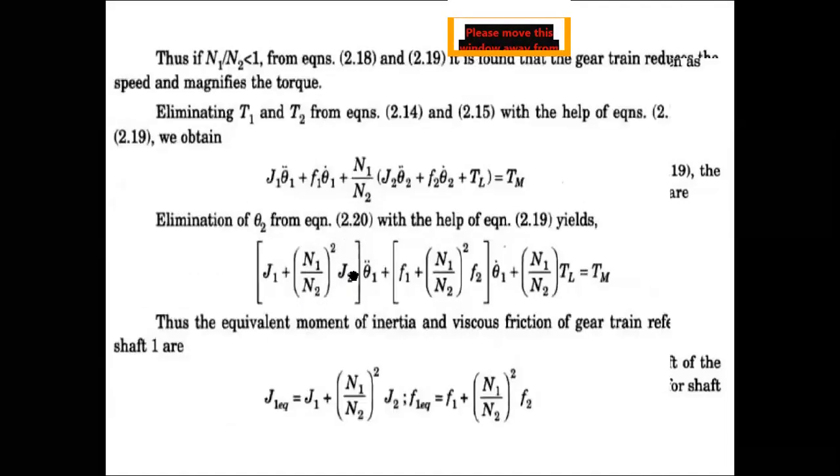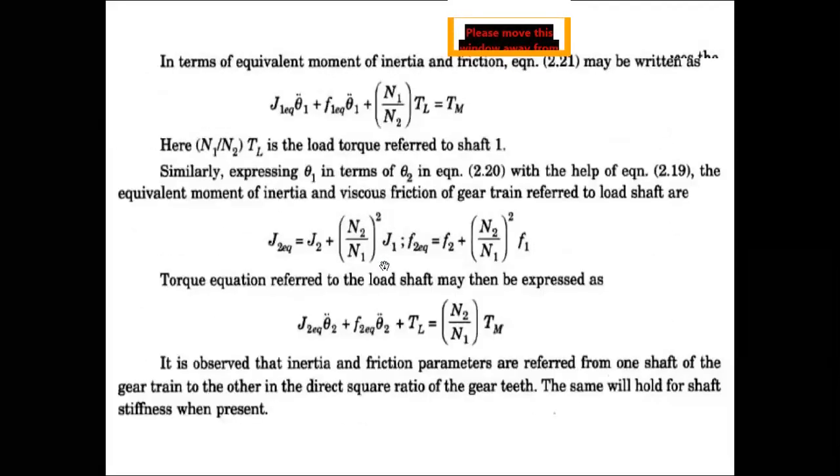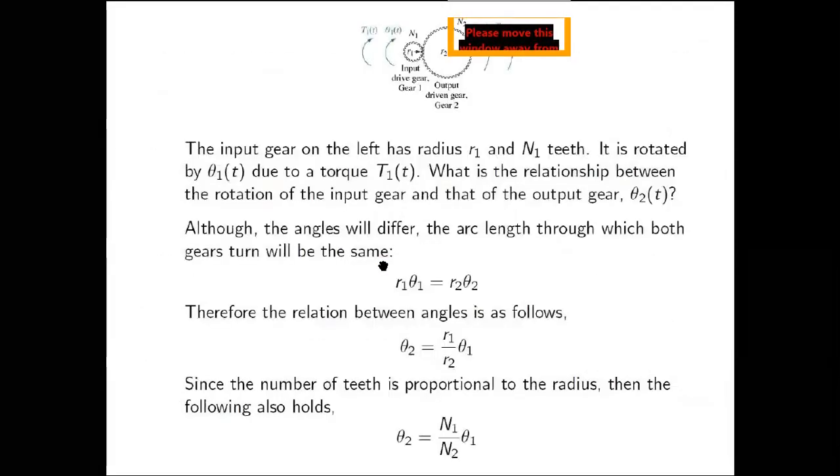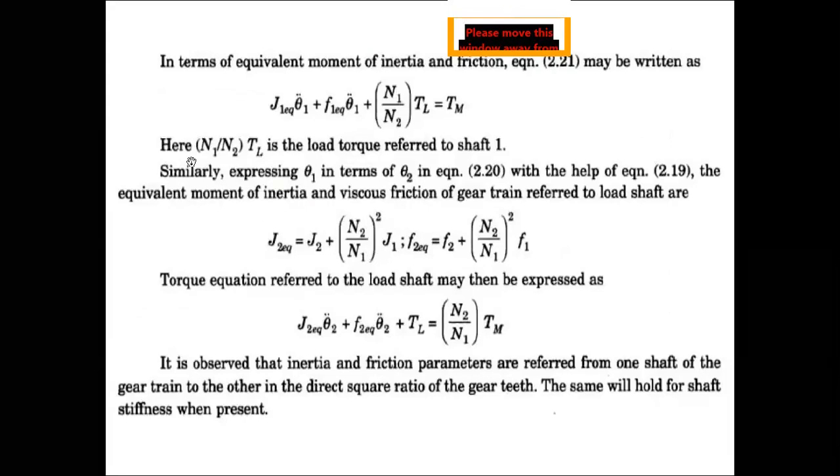Where do you have that equation? This is J2 theta 2 double dot plus F2 theta 2 dot plus TL equal to T2, right? In this equation, replace T2 in terms of T1, and similarly theta 2 double dot in terms of theta 1 double dot. Everything you will be getting in terms of theta 1 and theta 1 double dot. Sorry, if you are writing in theta 2, it will be in terms of theta 2 double dot.